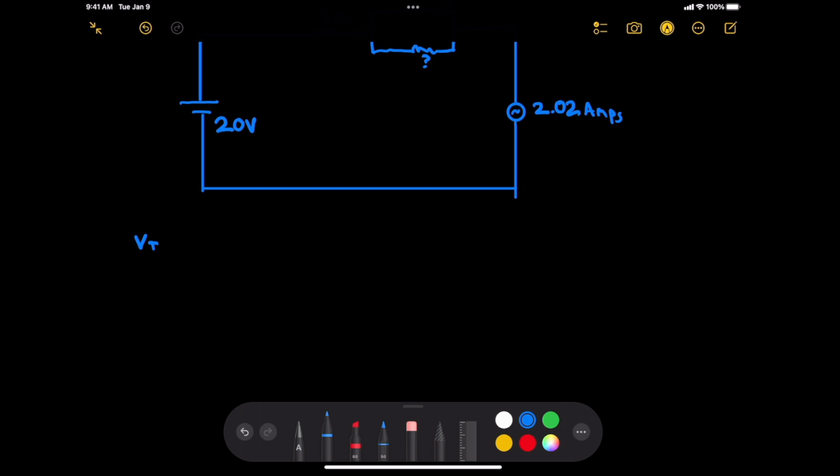VT, V1, V2, V3, IT, I1, I2, I3, RT, R1, R2, R3, and PT. P1, P2, and P3. All right.